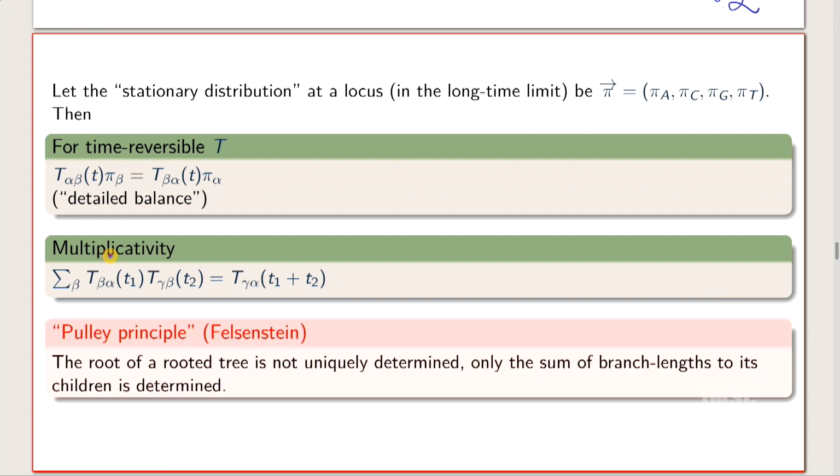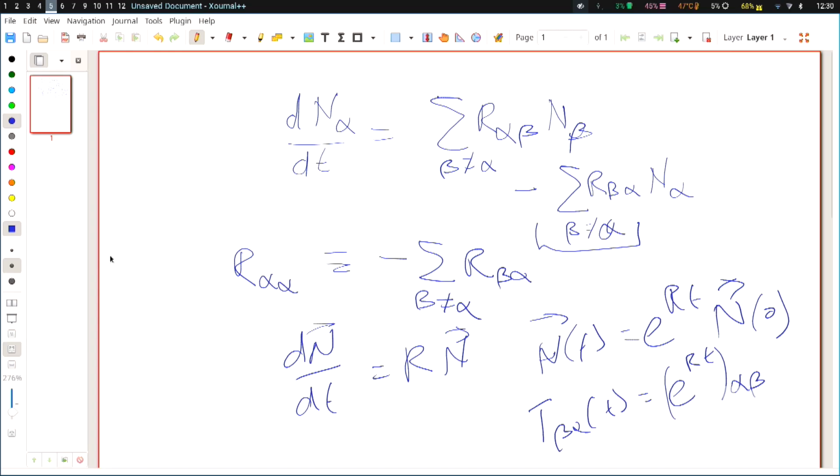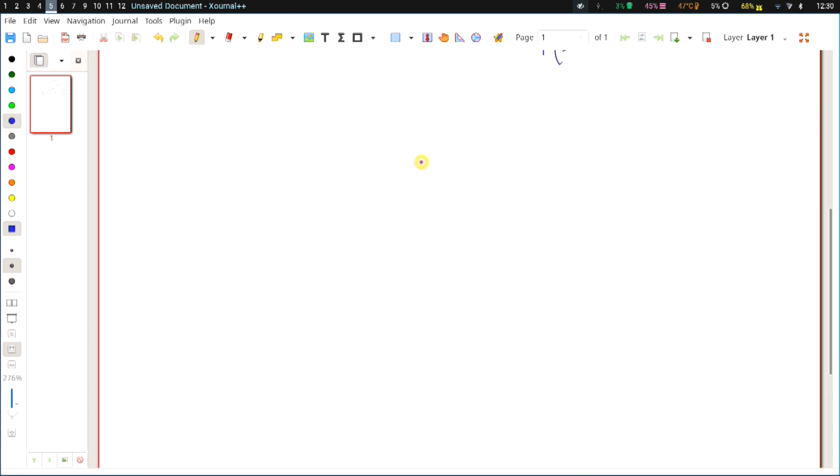And there's something called the pulley principle, that the root of a rooted tree is not uniquely determined by the tree alone. So essentially, when you had a tree like what I showed you earlier, I drew it like this, and I picked the root here.